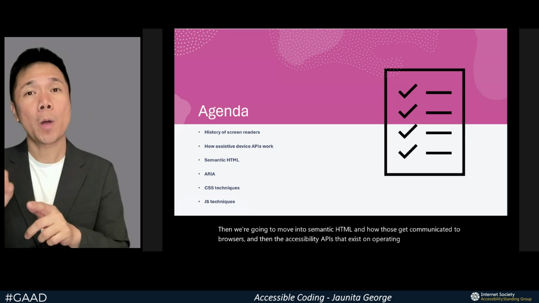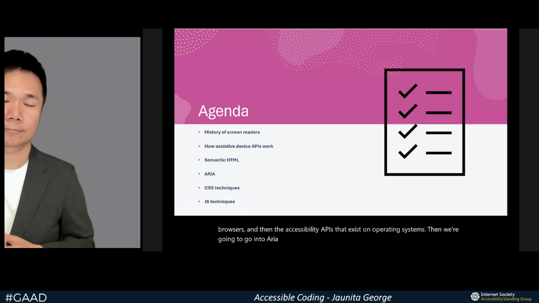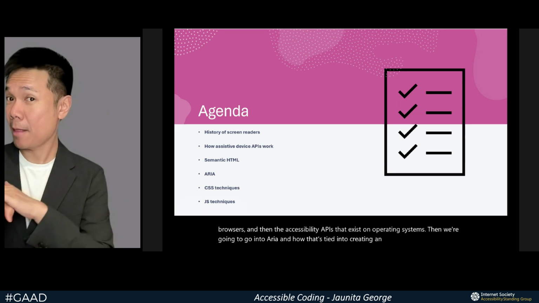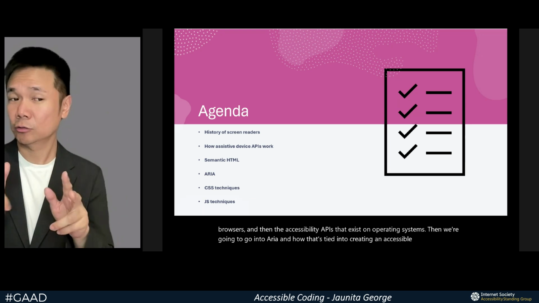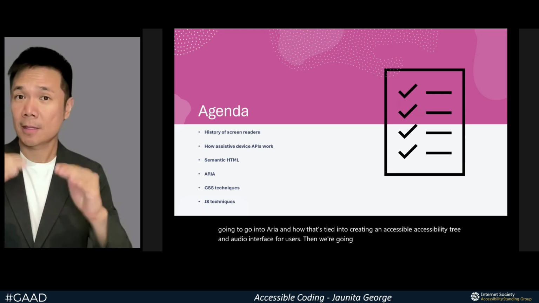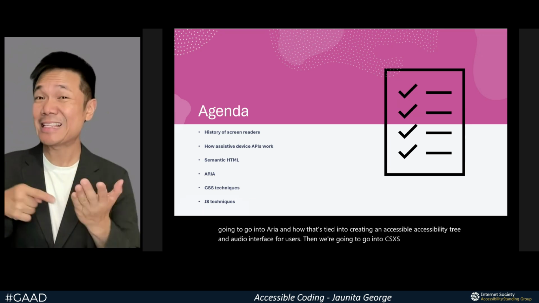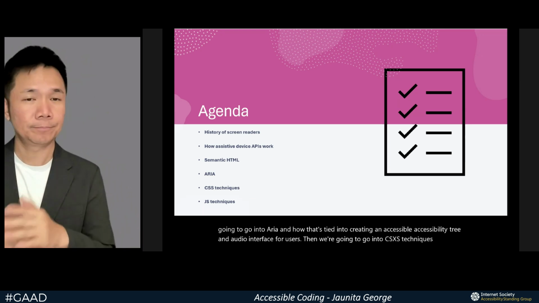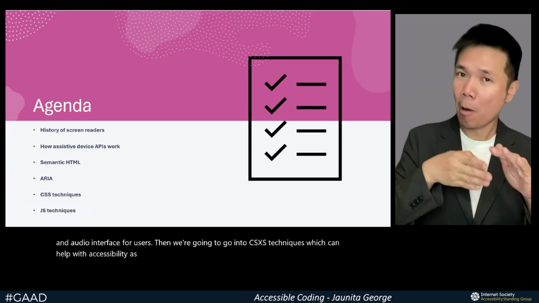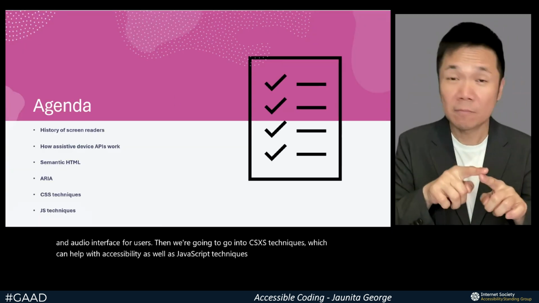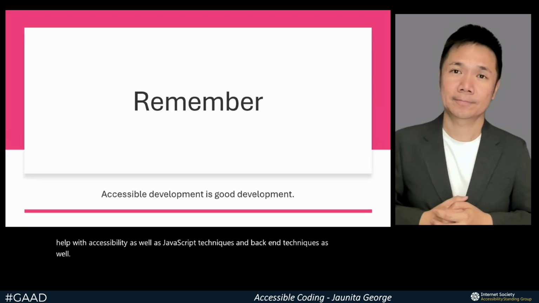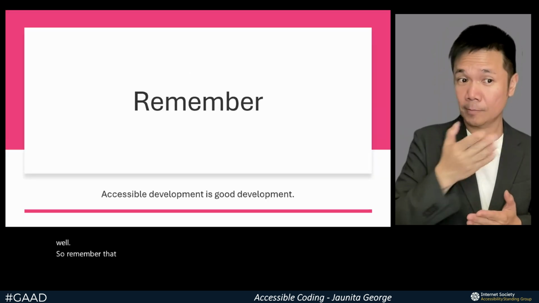Then we're going to go into ARIA and how that's tied into creating an accessibility tree and an audio interface for users. Then we're going to go into CSS techniques, which can help with accessibility, as well as JavaScript techniques and backend techniques as well.